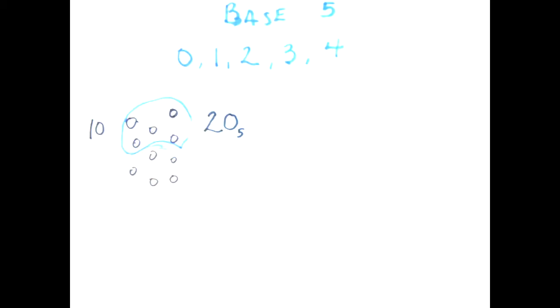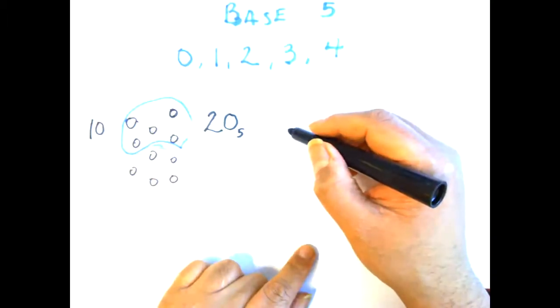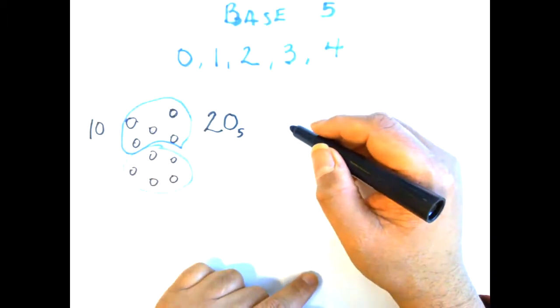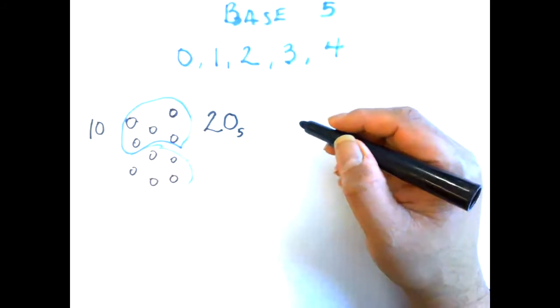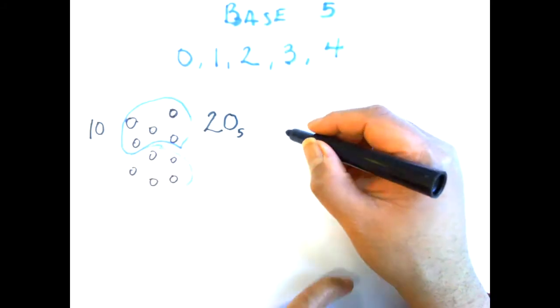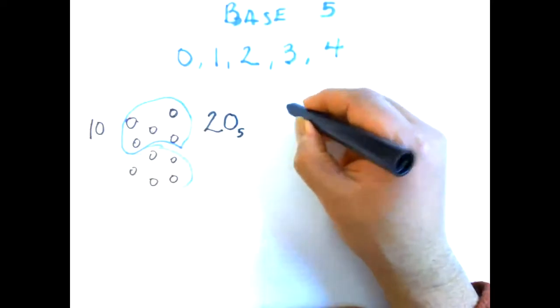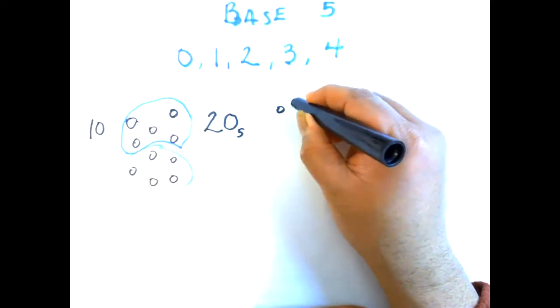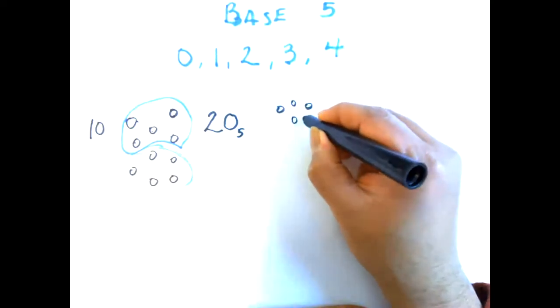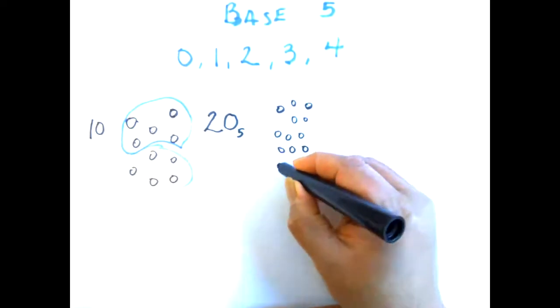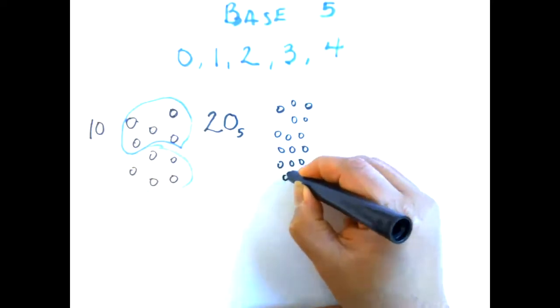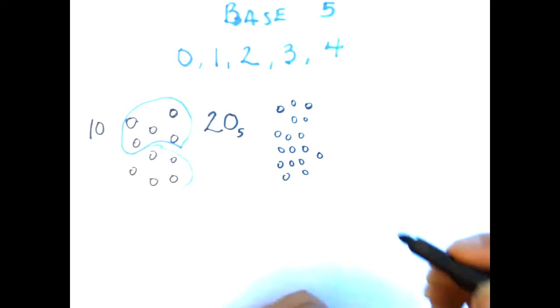Now, what if we have, let's say, 17? Let's have 17. So let's count 17 pebbles: 1, 2, 3, 4, 5, 6, 7, 8, 9, 10, 11, 12, 13, 14, 15, 16, 17.